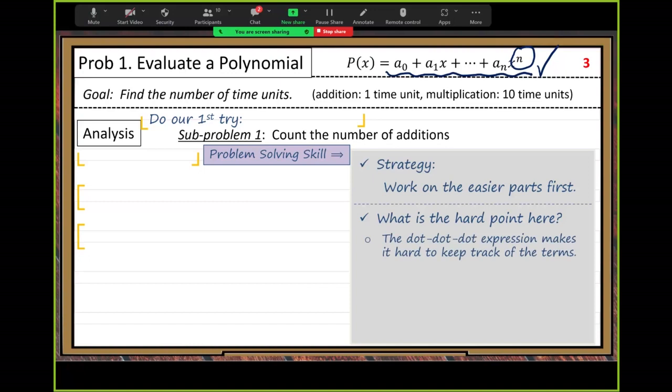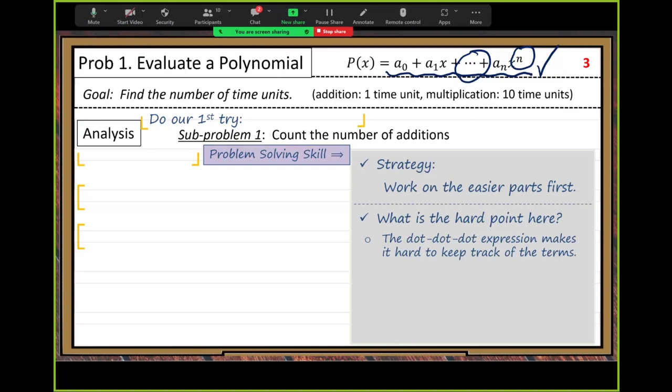Second, when we count the number of additions, the hard part is this: how do we handle the skipped terms? When we write the formula, we cannot list all the terms. For any given degree n, we cannot list all the numbers, so we have to skip most of the terms using this notation.